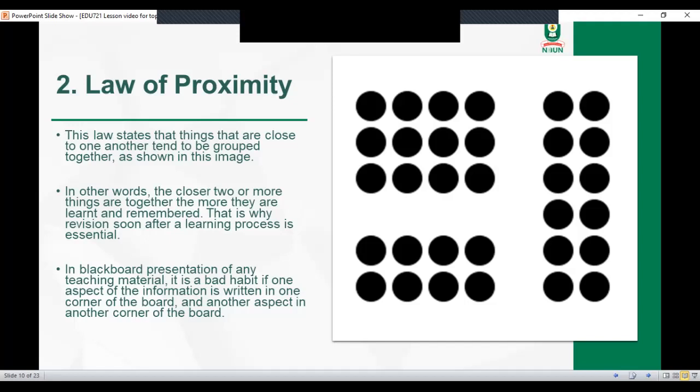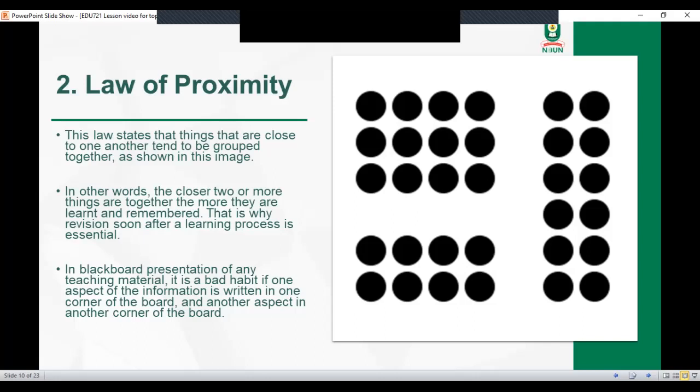So the closer 2 or more things are together, the more they are learned and remembered. If you separate them, they will not be easily remembered. That is why revision soon after a learning process is essential. When you have learned something and you revise it almost immediately, you will tend to retain the materials that you have learned.